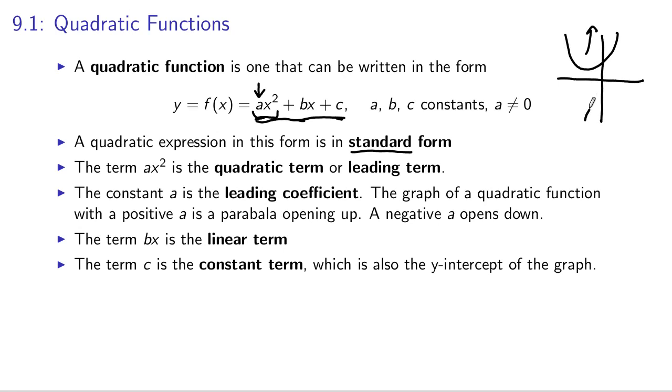If the graph has a negative a, it opens down. The term bx is called the linear term, and c is called the constant term, which is also the y-intercept of the graph. In this case, c was positive because it intercepted a positive value of y.